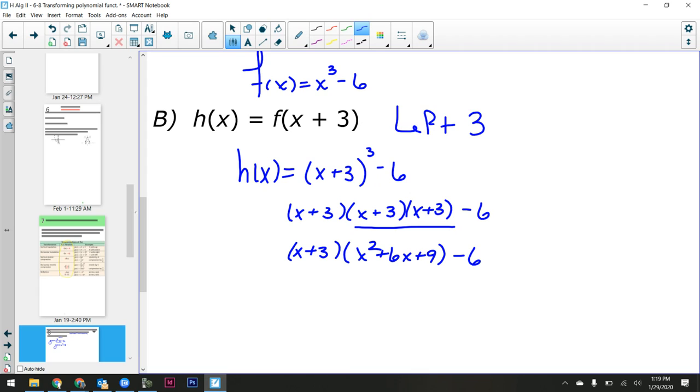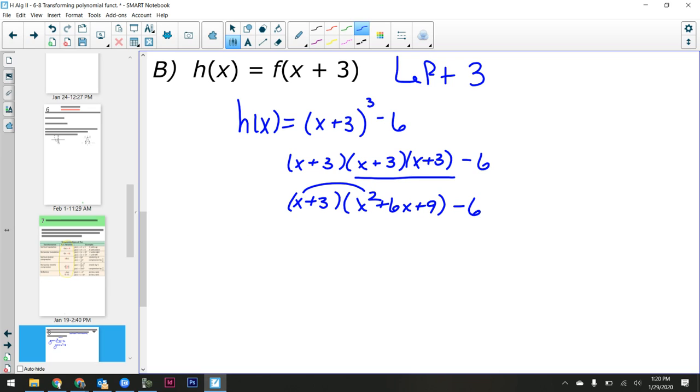That came to mind because I'm teaching that to my Algebra 1 students today. Square the first, double the product, square the last. Now here, just got to multiply it in. So we've got x to the third plus 6x squared plus 9x plus 3x squared plus 18x plus 27 minus 6.